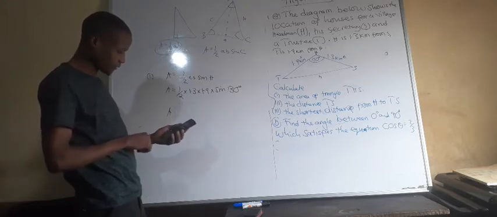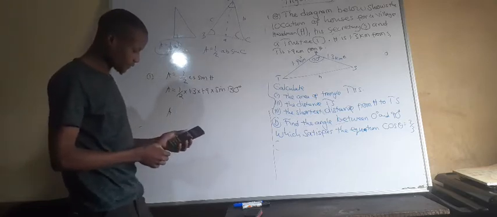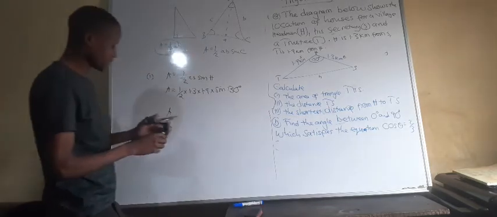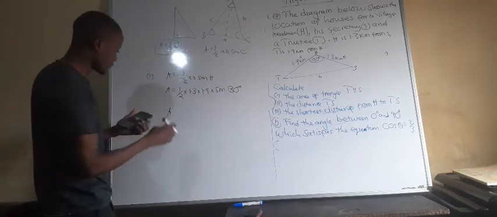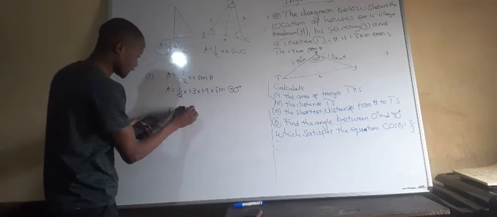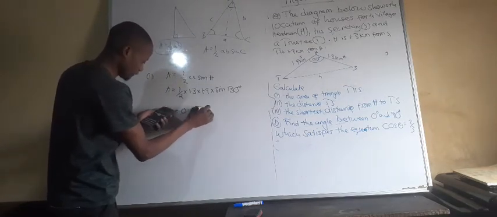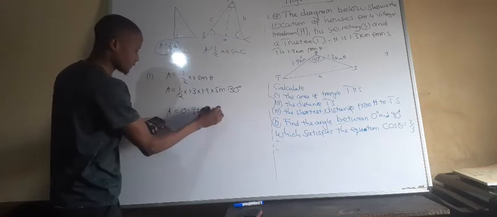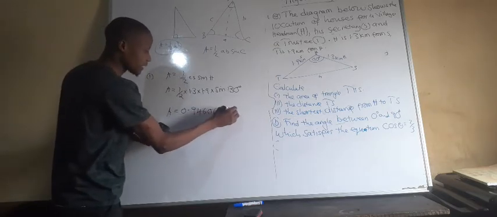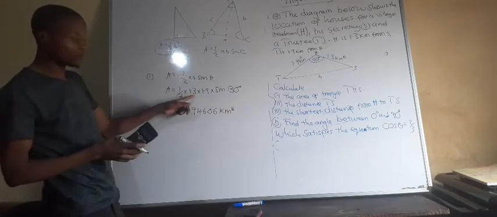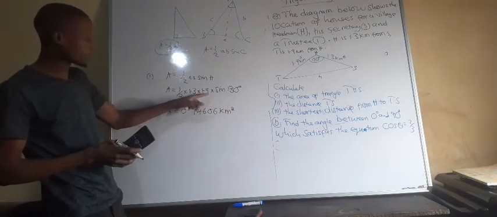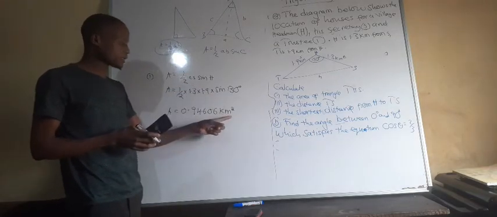You have to be careful with your calculator. So this is giving us area equals 0.94606 kilometers. Area is always squared. We had 1.3 kilometers, 1.9 kilometers, so kilometer times kilometer is kilometer squared.